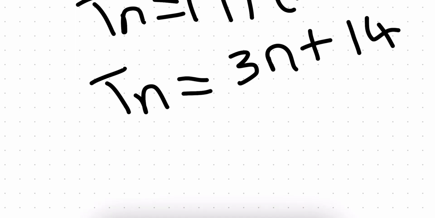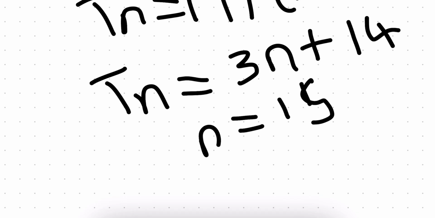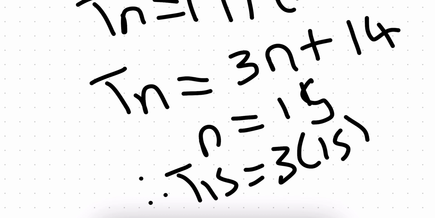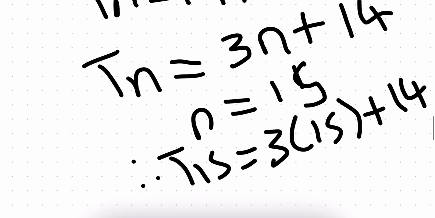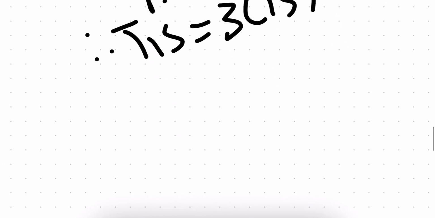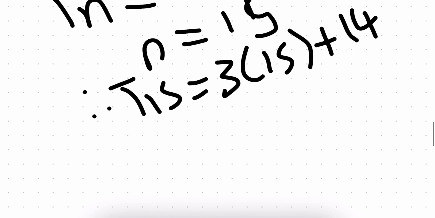Your n is 15. Therefore T15 is equal to 3 into 15 plus 14. And then that boils down to, let's plug in 3 times 15 plus 14.